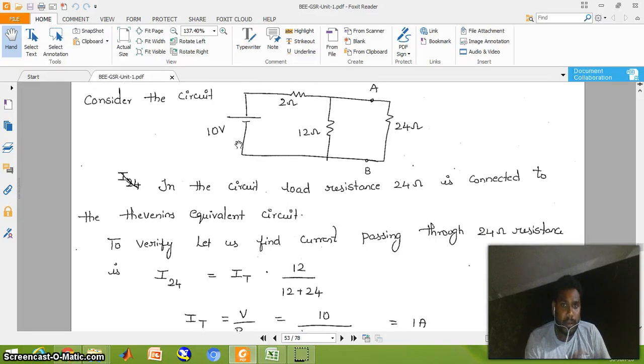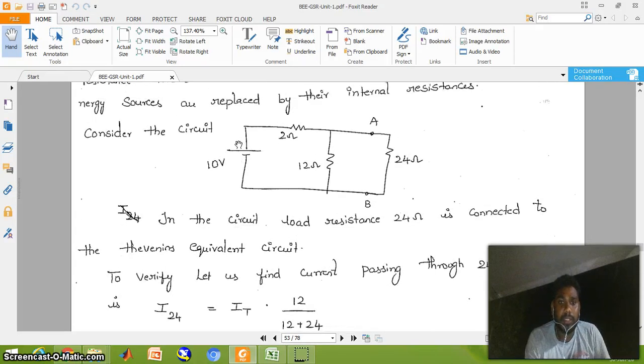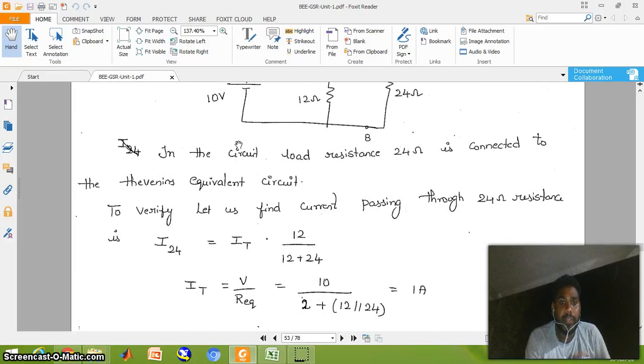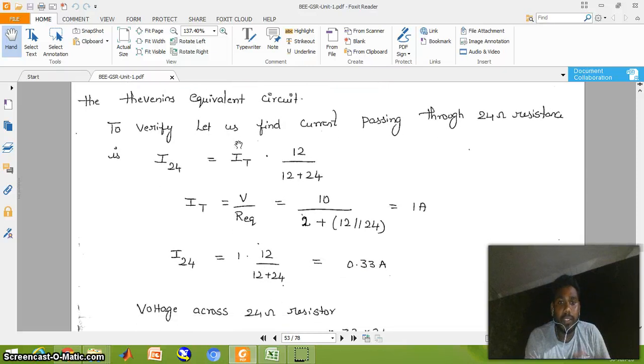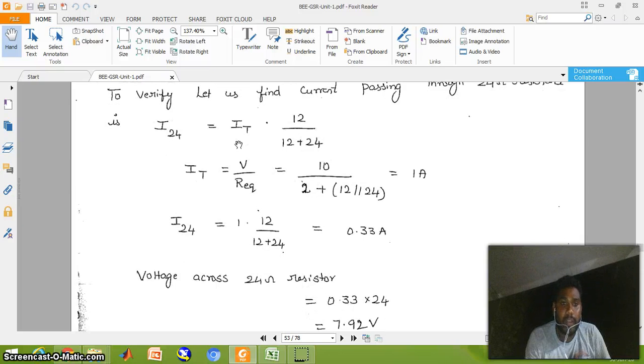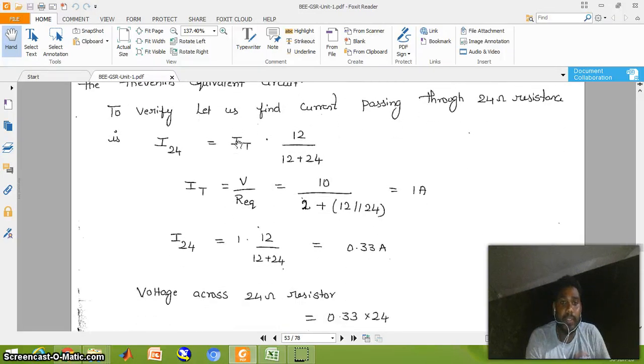First, the normal method, voltage distribution and current distribution. Calculate the total current I total is equal to 1 ampere, and the current through the 24 ohm resistor is 0.33 amperes by using the current distribution law.